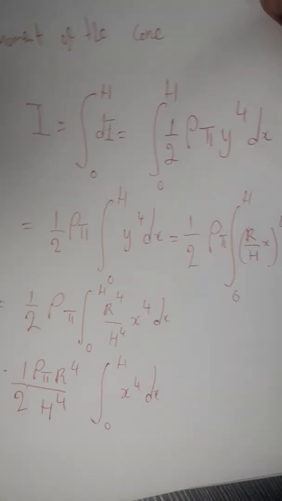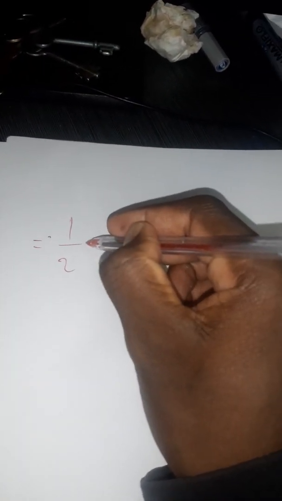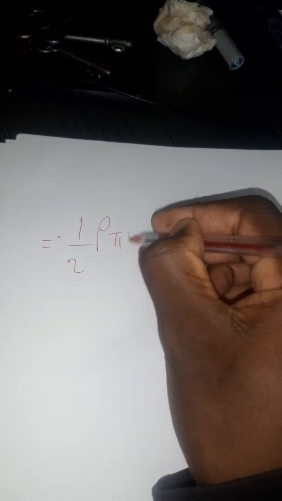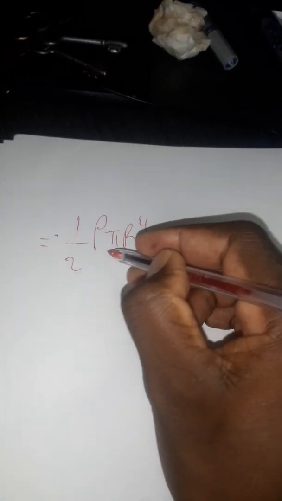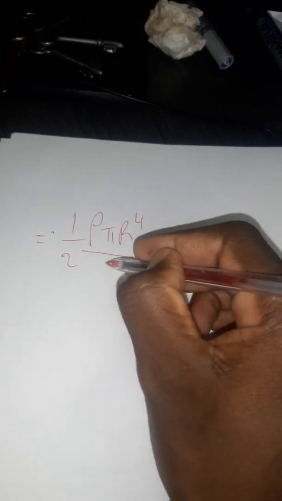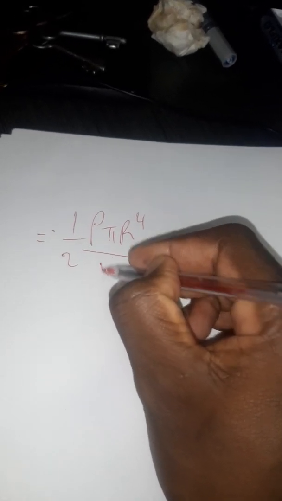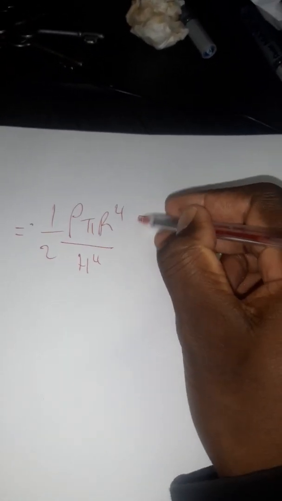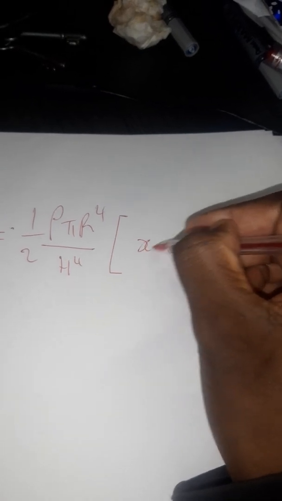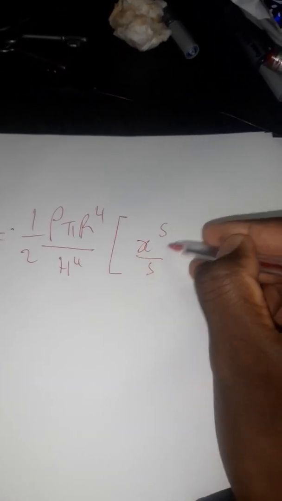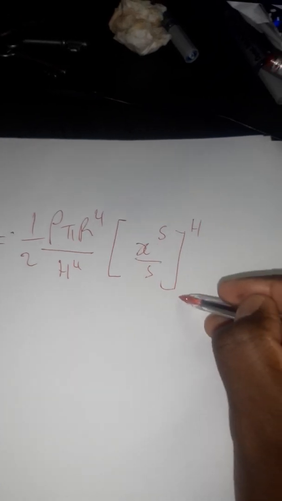We integrate this now. That means this will be equal to 1 over 2 rho pi r to the power 4, over h to the power 4, integrating x to the power 4 to get x to the power 5 over 5 between h and 0.